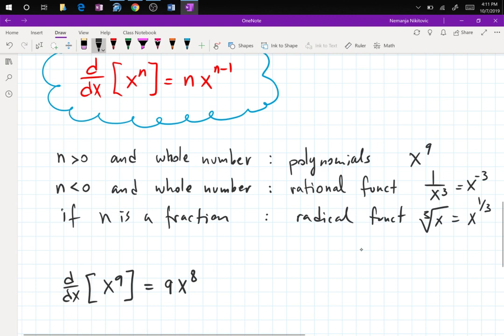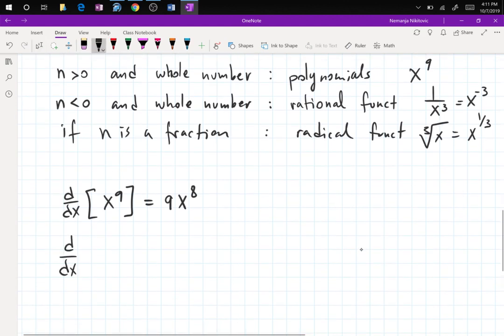And you're done. That's it. If you were to do this with a limit, you would have to FOIL x plus h to the 9th, right? So you don't want to use limit for these. The shortcut formulas are there to make your life easy.